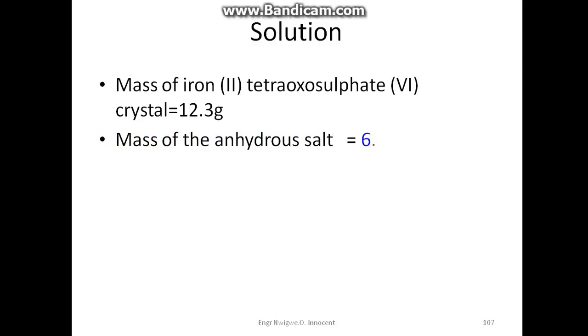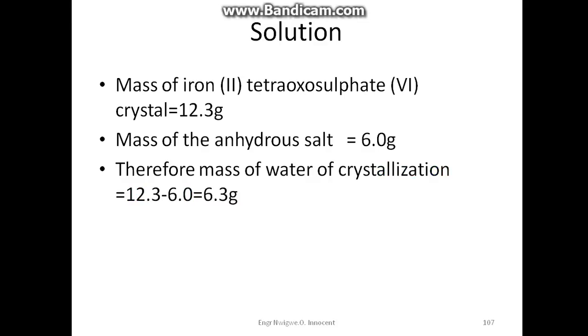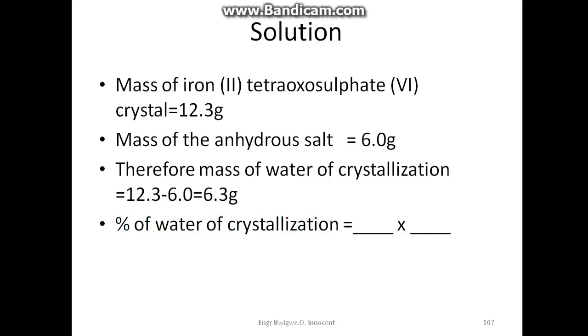Mass of the anhydrous salt is equal to 6.0 grams. Therefore, mass of water of crystallization is 12.3 minus 6.0, which will give us 6.3 grams. Percentage of water of crystallization is 6.3 divided by 12.3 times 100 over 1, which will give us 51.2%.